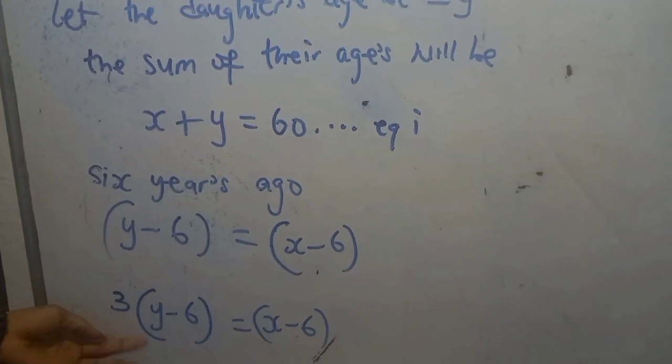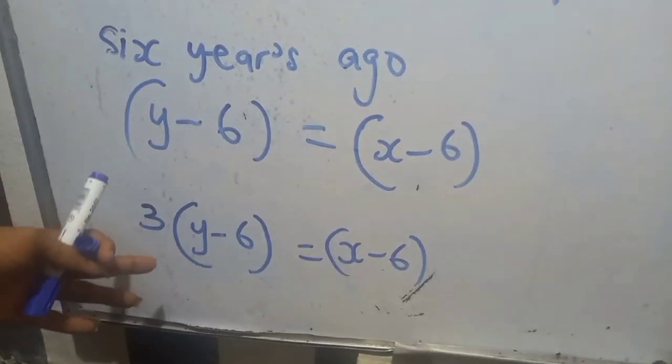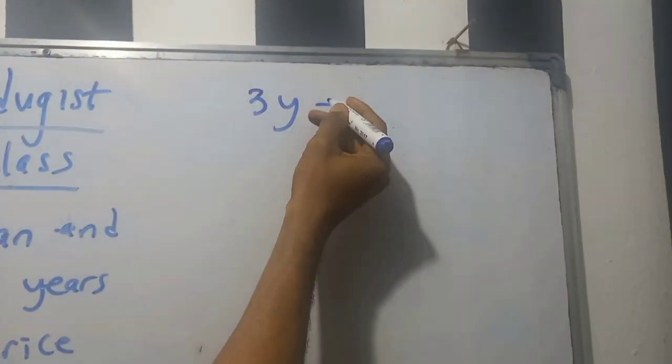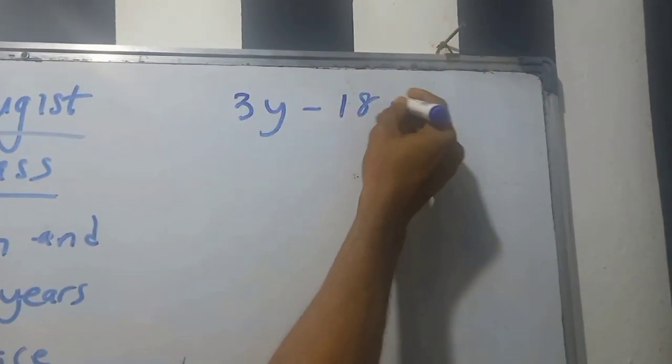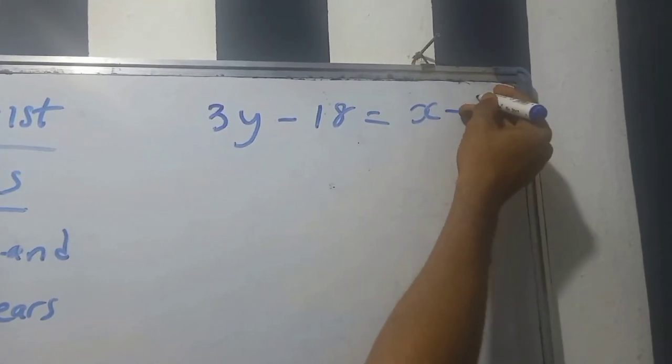So thrice of his daughter will be 3 times (y minus 6) equals x minus 6. We have to clear this bracket. So 3 multiply y is 3y, and 3 multiply minus 6 is minus 18, equals to x minus 6.